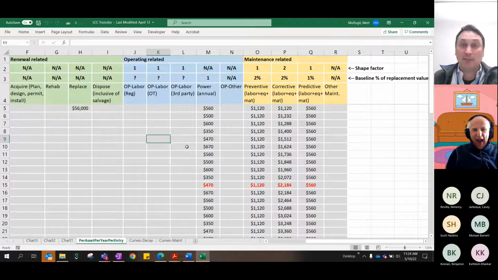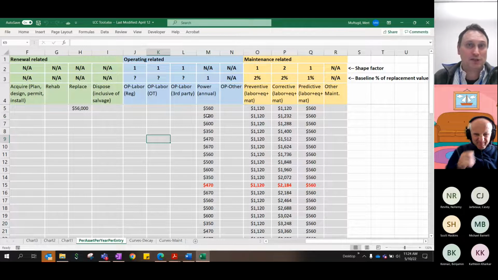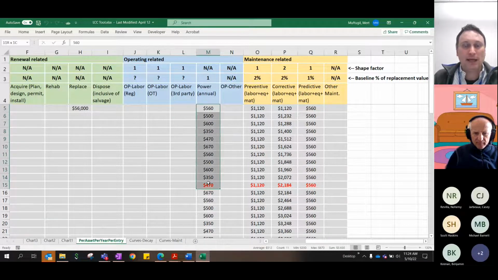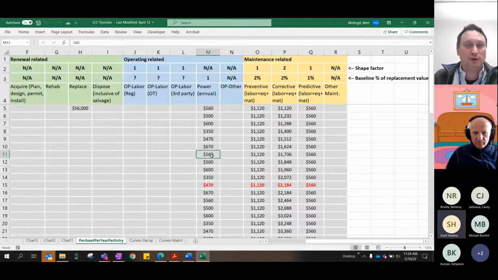The main exception, sometimes, especially if you have sub-metering or some sort of decent assumptions, is to take the power cost and distribute it across assets in a pump station, for example. Then you can probably track annual power cost for that asset. I mean, it is what it is. I just used some dummy numbers here. But this is what it looks like.